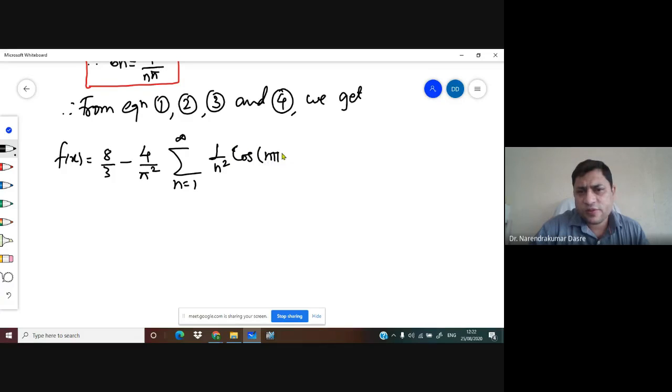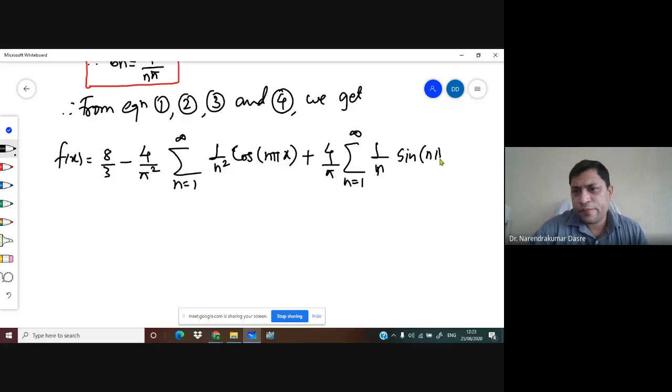This is cos of n pi x. Then here we have plus 4 upon pi summation n running from 1 to infinity 1 upon n, and this is sine of n pi x.